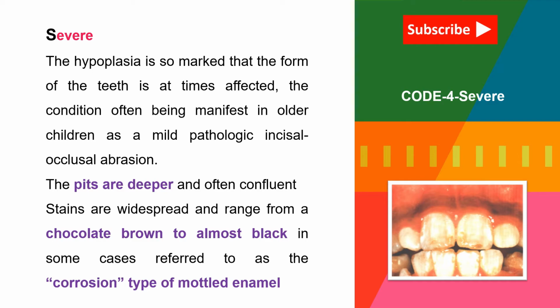The pits are deeper and often confluent. Stains are widespread and range from a chocolate brown to almost black, in some cases referred to as corrosion type of mottled enamel. This is very important because we are giving this category a name that is called corrosion type of mottled enamel.